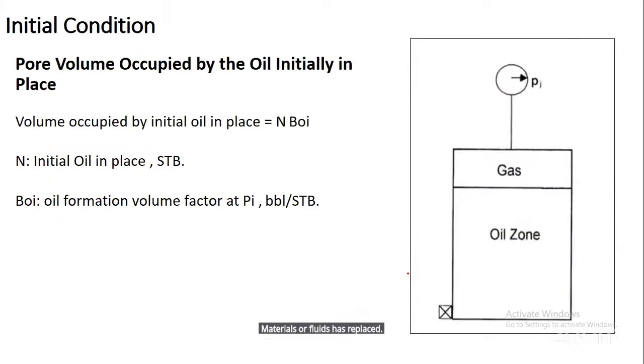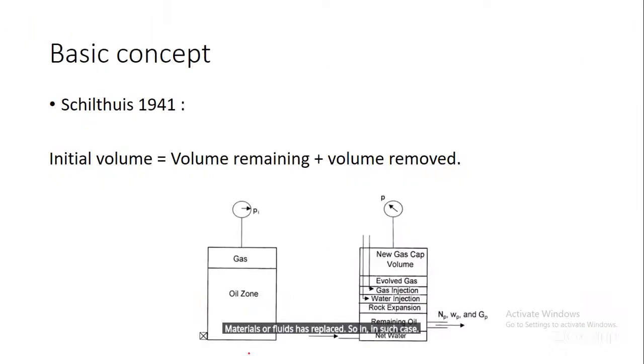In such case, in the beginning you have a gas and oil zone. After production, you will have remaining oil and remaining gas. If you have a gas cap, you have a new volume of gas.